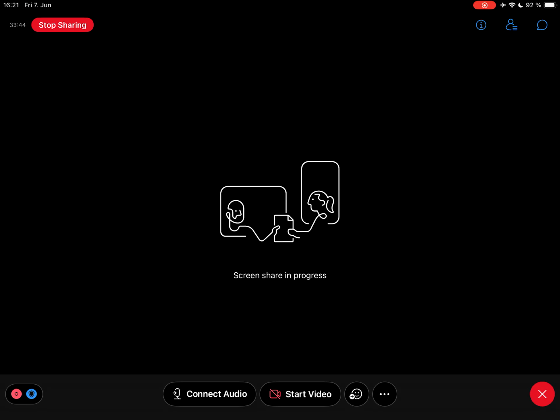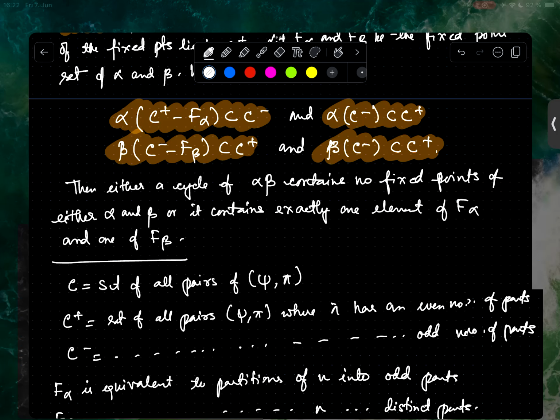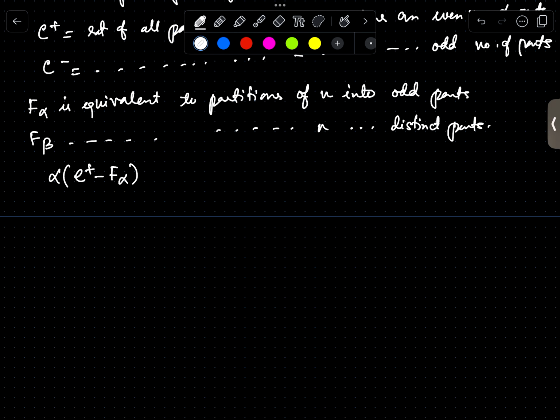So I'll tell this once again, but I think it is probably clear. Forget about what is in psi for the moment. This is everything with pi equal to the empty set, and this psi is now only odd parts.